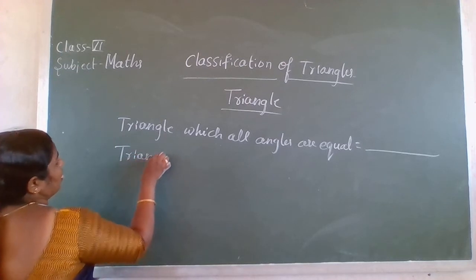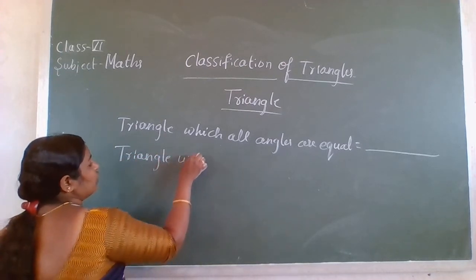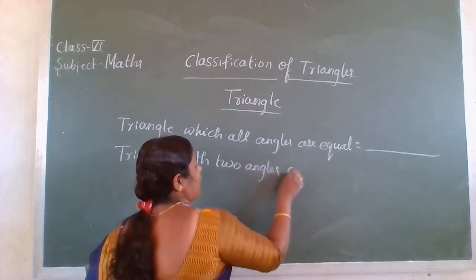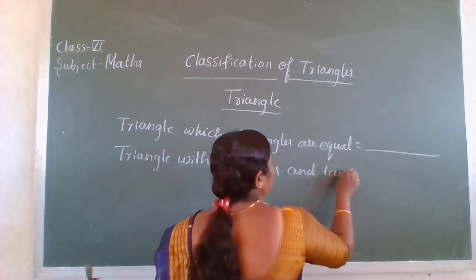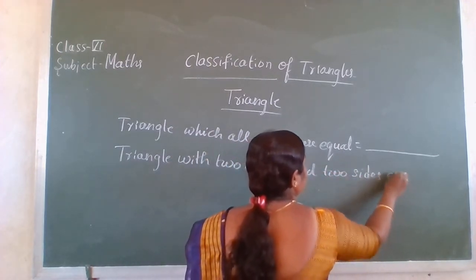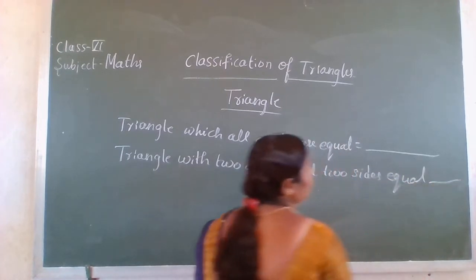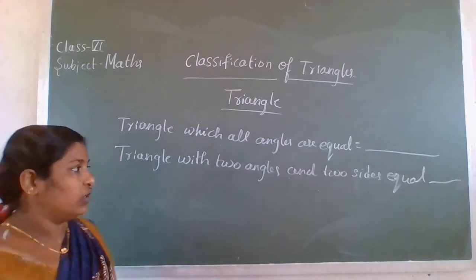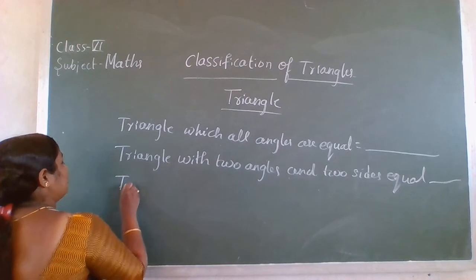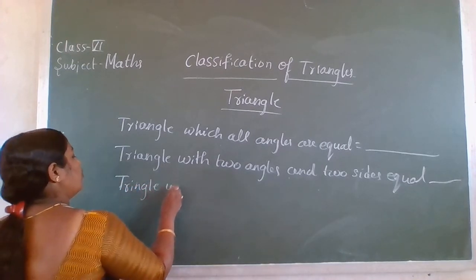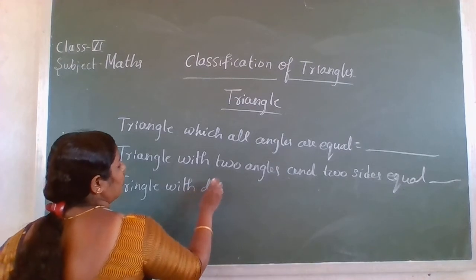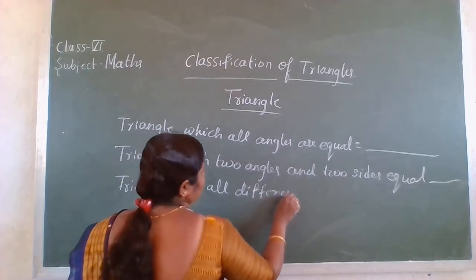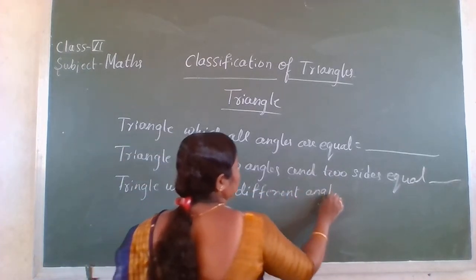Triangle with 2 angles and 2 sides equal, so what will we call it? And then triangles in which no 2 sides are equal, triangles with all different angles.